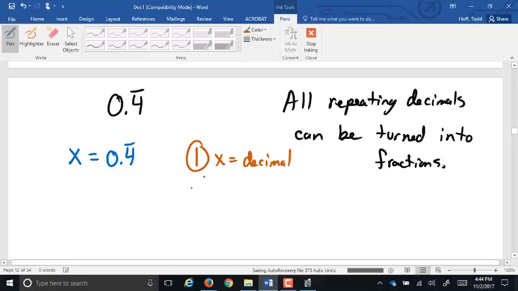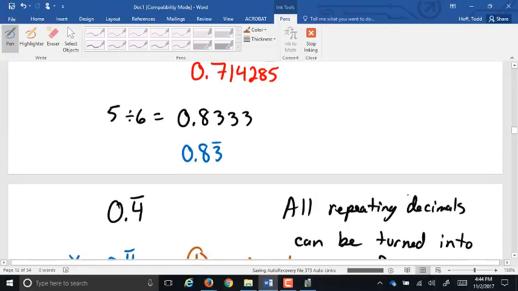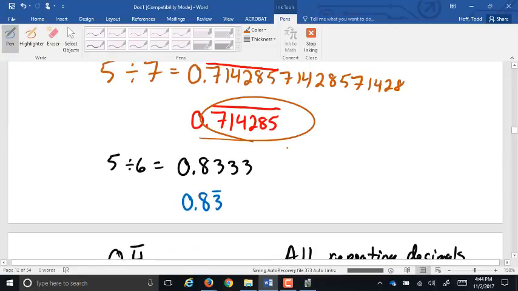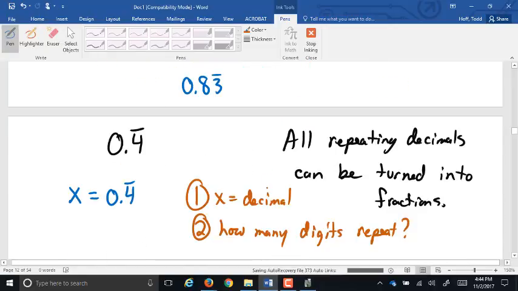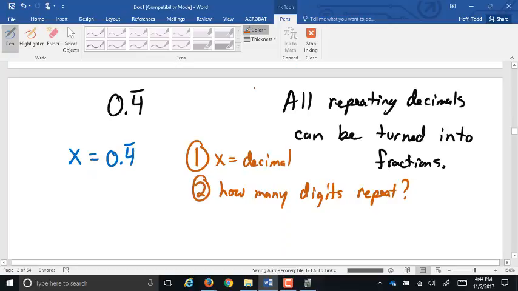So step 1 was let x equal the decimal. Step 2, how many digits repeat here? Well, it's just the 4, right? Just 1 digit repeating. Up here it would have been 6 digits repeating. Here it's only 1. So the answer is only 1 digit repeats. Since only 1 digit repeats, we only have to move the decimal point 1 place.